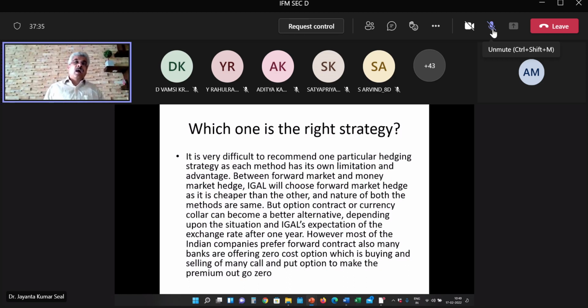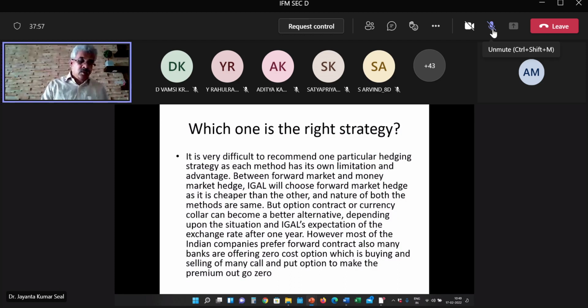However, in India, there is a new product offered by banks, especially to MSMEs, called zero cost option. Now, you must have seen in a currency collar, we buy one option and sell another option, and we have our limits set, and of course, we have reduced the premium outgo.